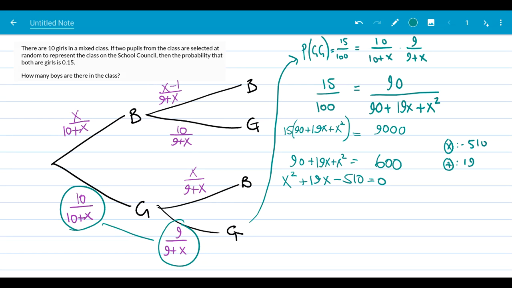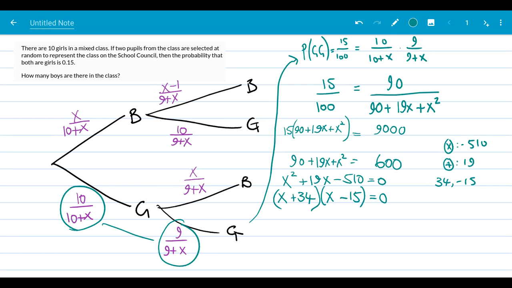Now these two, I think, are going to be 34 and minus 15. They multiply to get minus 510 and add to get 19. So we've got x plus 34 and x minus 15 is equal to 0.